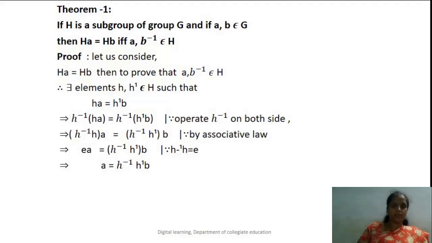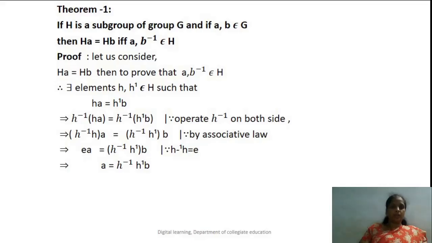So there exist elements h and h dash which belong to H, such that Ha is equal to h dash b. Because we are considering Ha is equal to Hb, we are taking Ha is equal to h dash b.